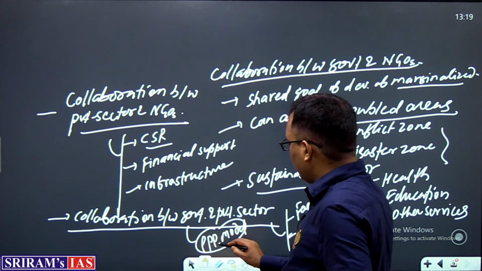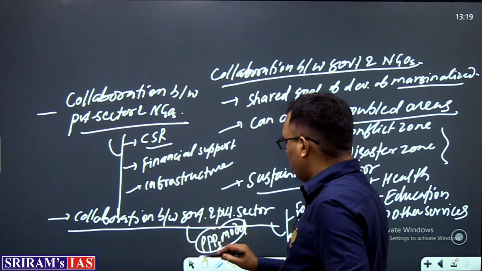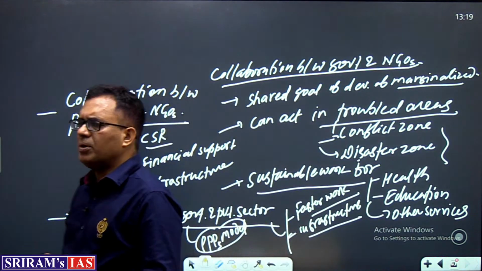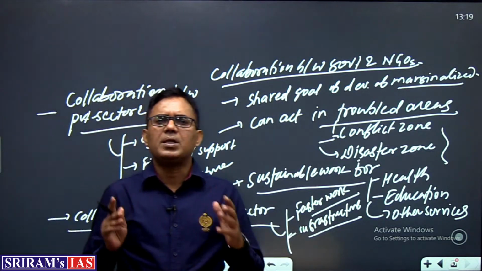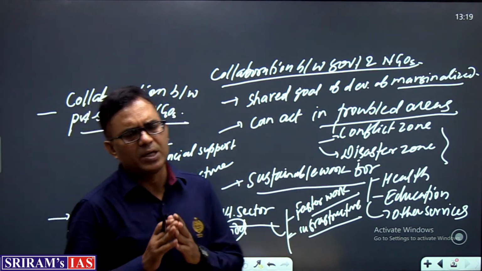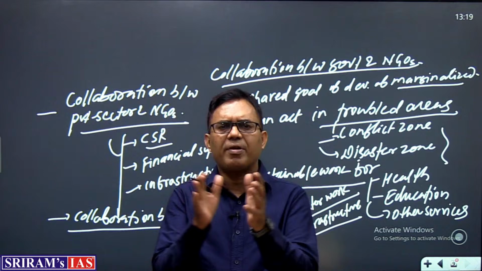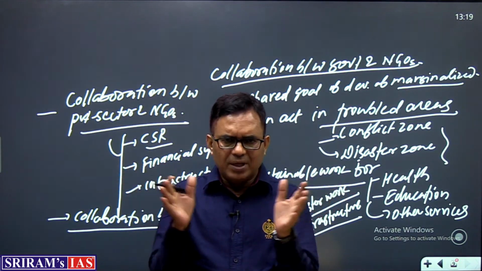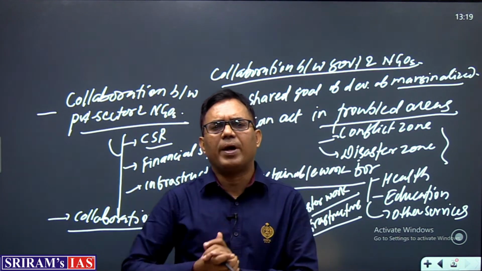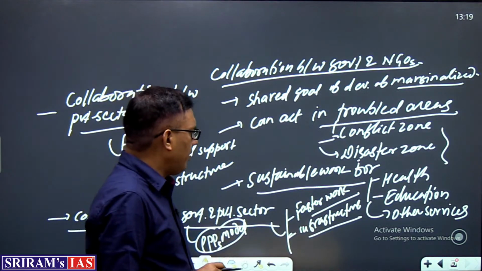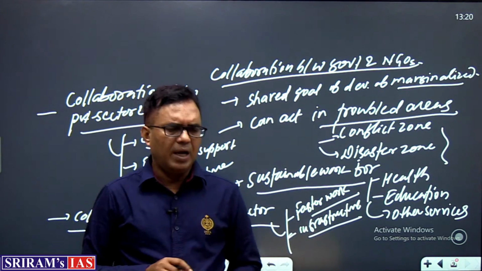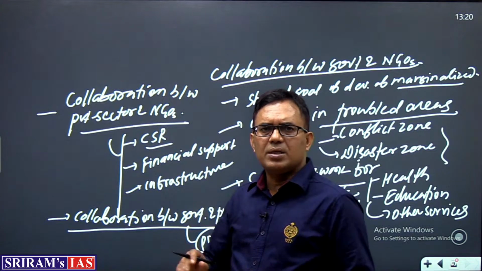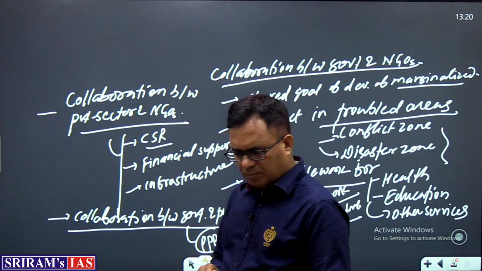Public private partnership model, where both public sector and government sector participating together, giving their finance, giving their efforts, giving their managerial skills, and by that way work is done more effective way. So, it can be very, very helpful. So, I think this is the answer for third one.